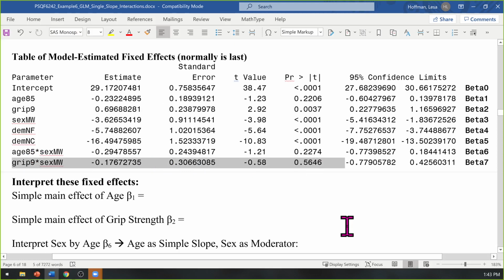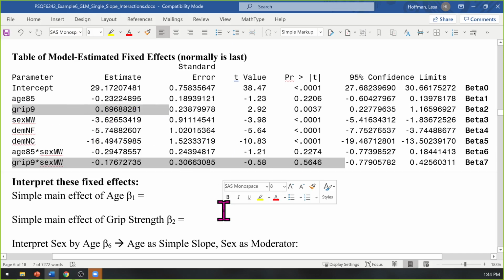This term is the gender difference in the grip slope. So it tells me that the grip strength slope is not significantly different in women, but there's nothing on this page directly that tells me what it is in women. I can do the math. It is roughly 0.52-ish in women.